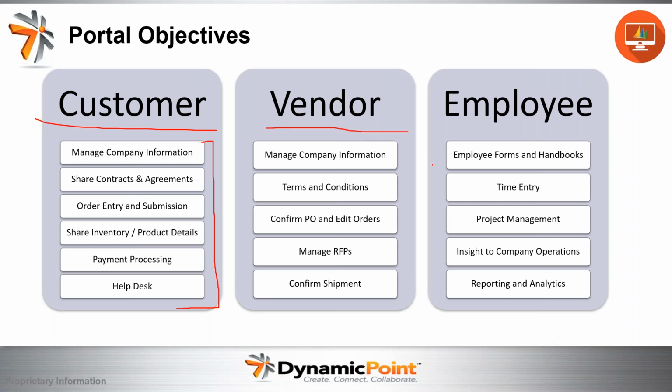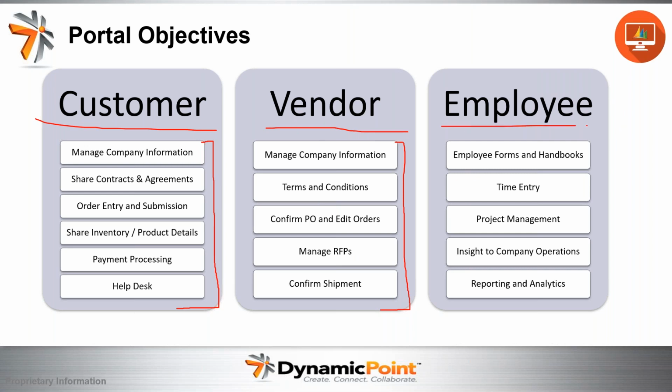On the vendor side, it's a similar type of thing, but obviously the flip side of that, because we're more interested in vendor management: company information, terms and conditions, purchase orders, W-9 contract information, RFPs, shipments, inventory, all the things that you are collaborating with your vendors on.